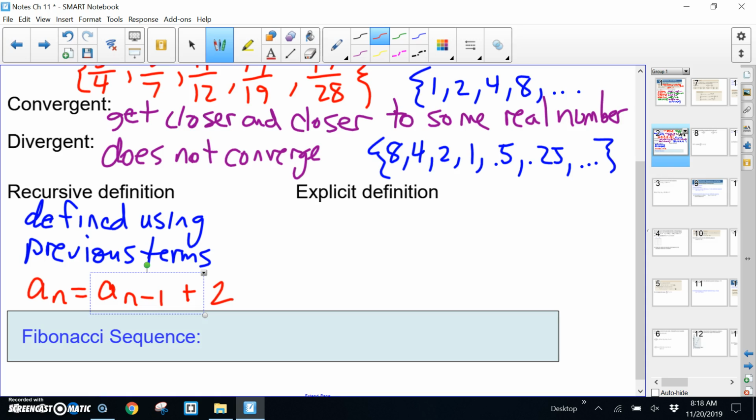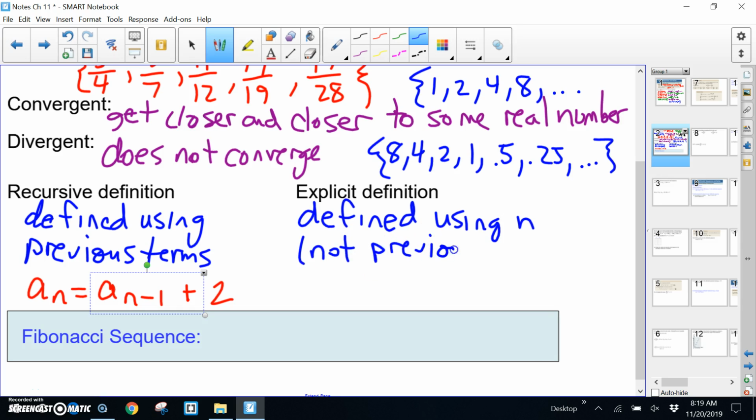An explicit definition is defined usually using n, and not the previous terms. So a sub n might be 3 times n plus 4, okay?